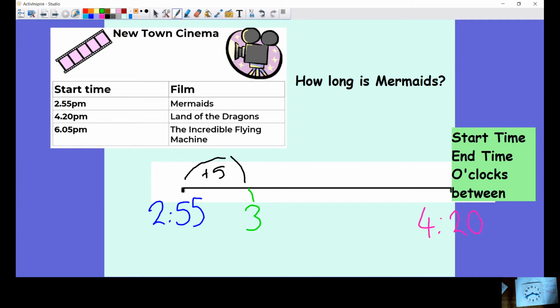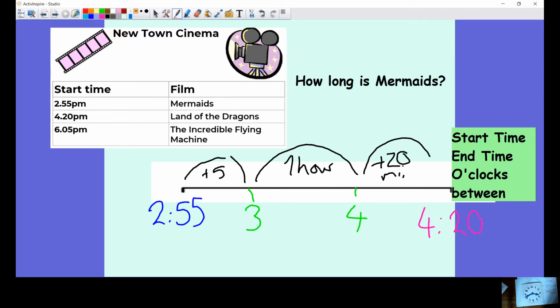What is our next o'clock? We need to get to 20 past 4. So our next o'clock is actually going to be 4. So we've got a whole hour passing here. Then we need to get from 4 o'clock, remember that's 0 minutes past, to 4:20. So that's another 20 minutes.